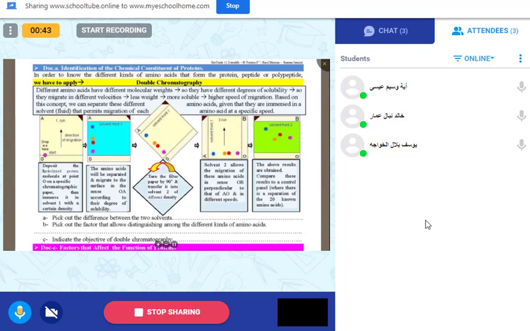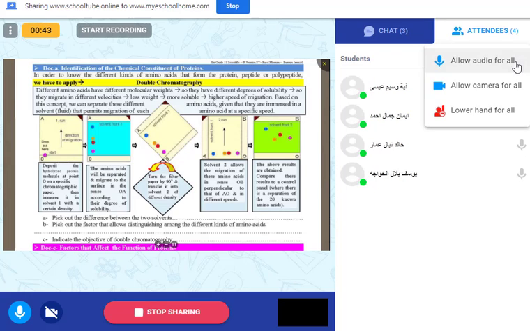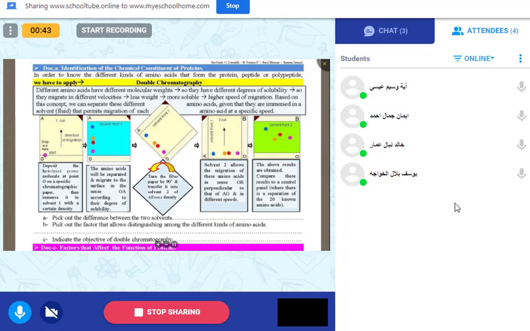Who can read this part, please, from the beginning? Yalla, who can read? Khalid, Yusuf, Aya, Iman.